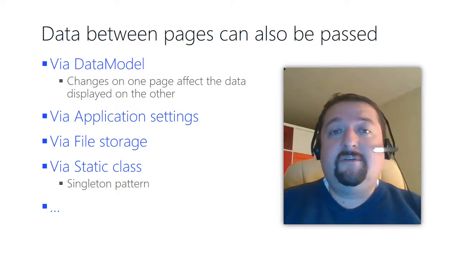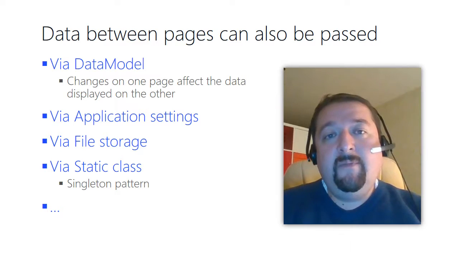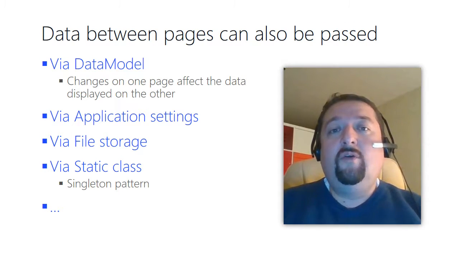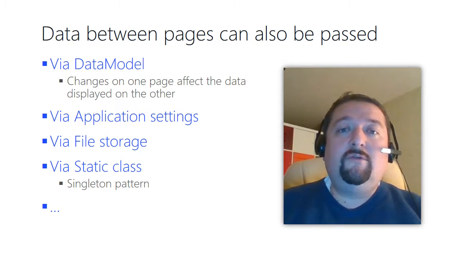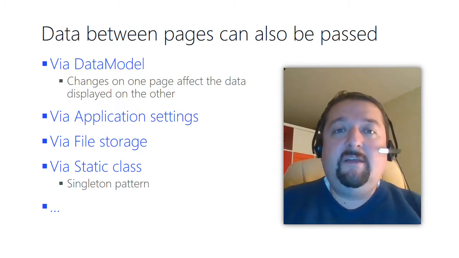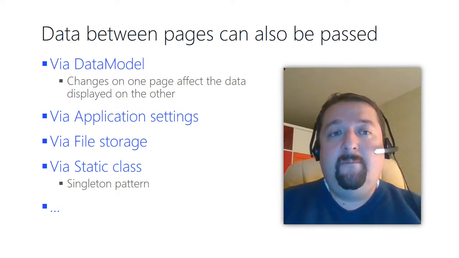You can use, of course, file storage. You can use a static class with a singleton pattern. For example, you can create a class and then one page can assign values and the other one can retrieve them. All of that can be useful, for example, if you need to pass more data than just one or two simple parameters. But if it's just one or two parameters, they can be passed in the way that I have described before.